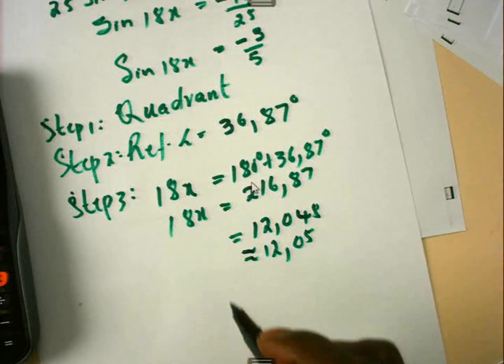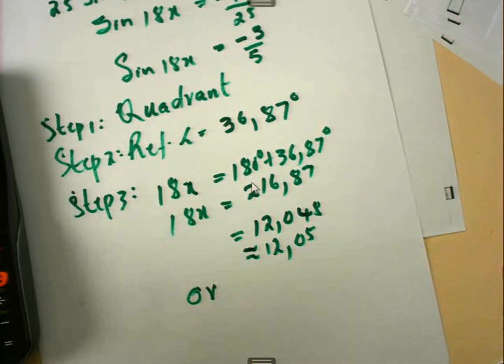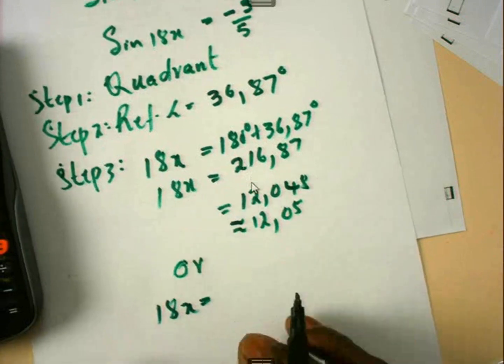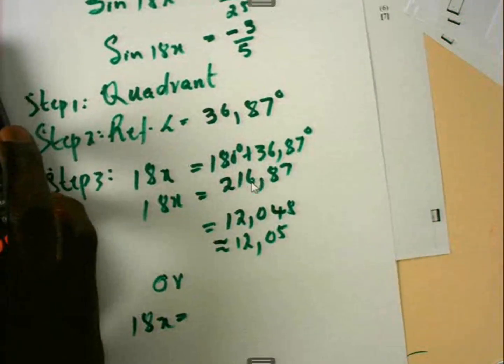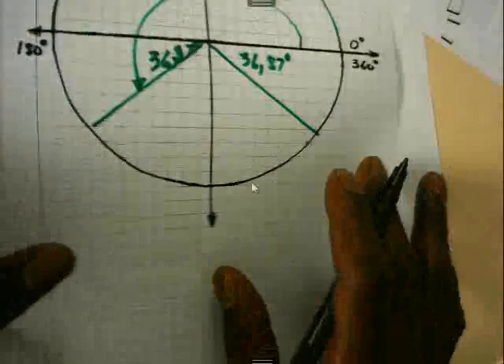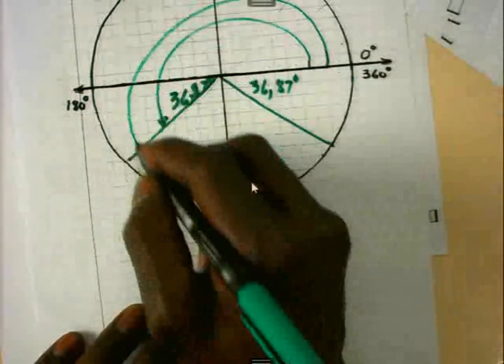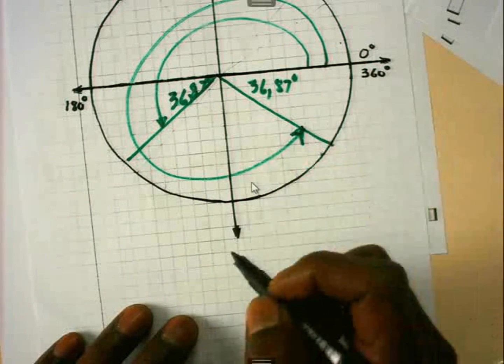And another solution, which I've actually forgotten to do, the second solution for that previous problem. 18x will be equal to, we go back to our Cartesian plane, we start from the positive x-axis, we go there, and we are there.